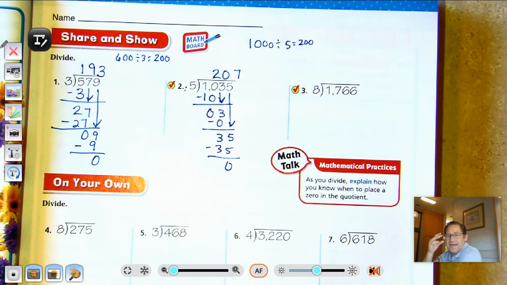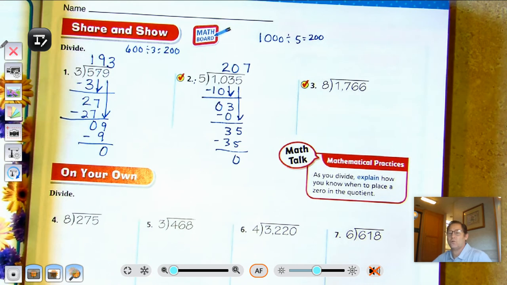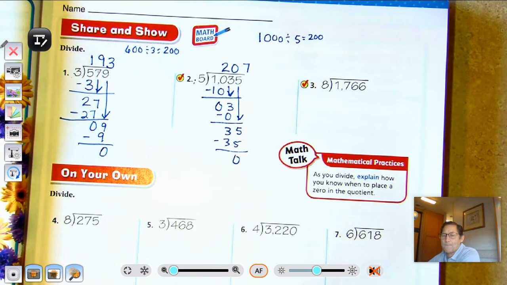1,766 divided by 8. Now, I don't want to round this one to 2,000 because 20 divided by 8 is not a basic math fact. So we have 8, 16, 24. So we can either round it to 1,600 or 2,400.